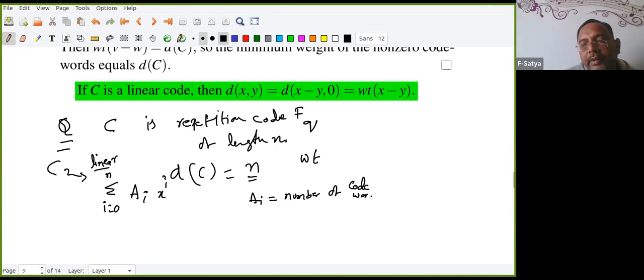I'll define it again. Okay, don't worry. Number of code words. I'm repeating every time, so many times, because you people are not responding. Otherwise we'll complete more syllabus and go to more new interesting areas of coding theory. In future, coding theory is a very big area, a nice area to do research.